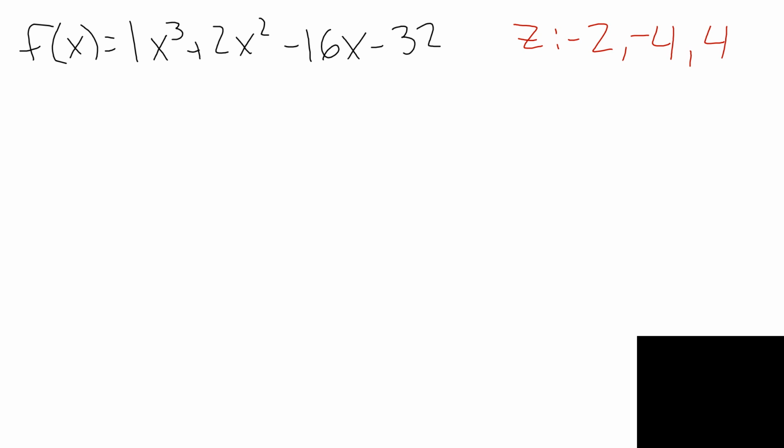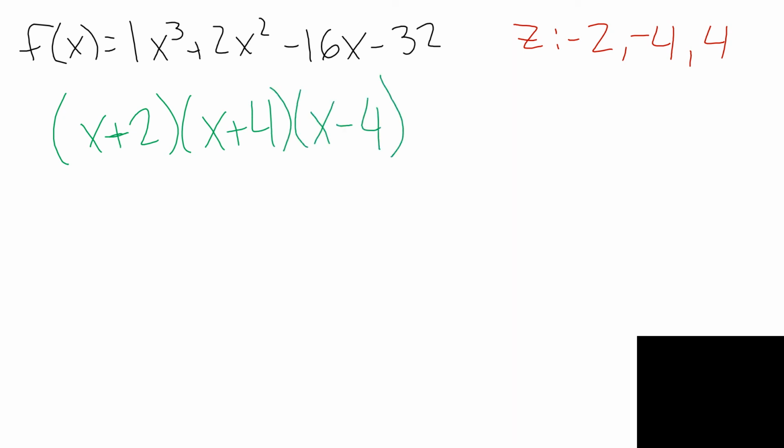And so I think that if I've got x minus 2, but it's going to be the opposite, so x plus 2, x plus 4, and x minus 4.